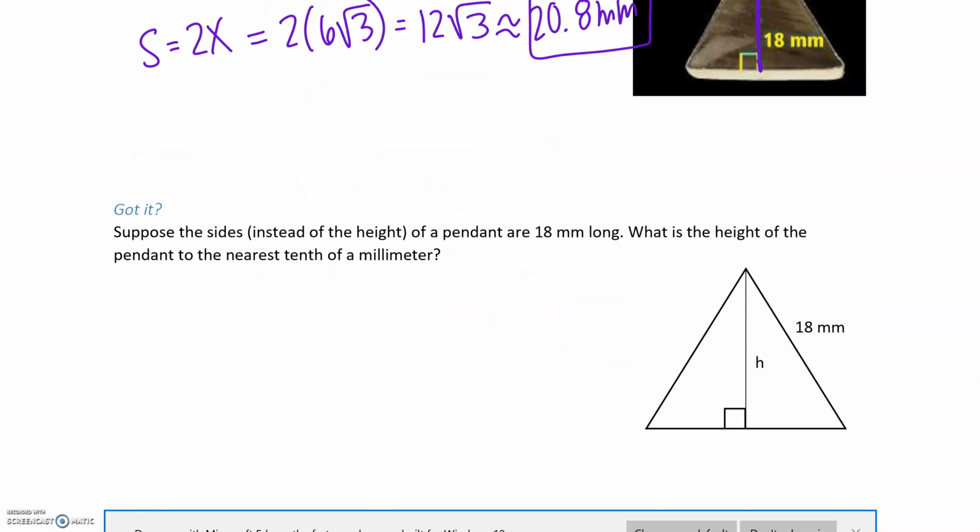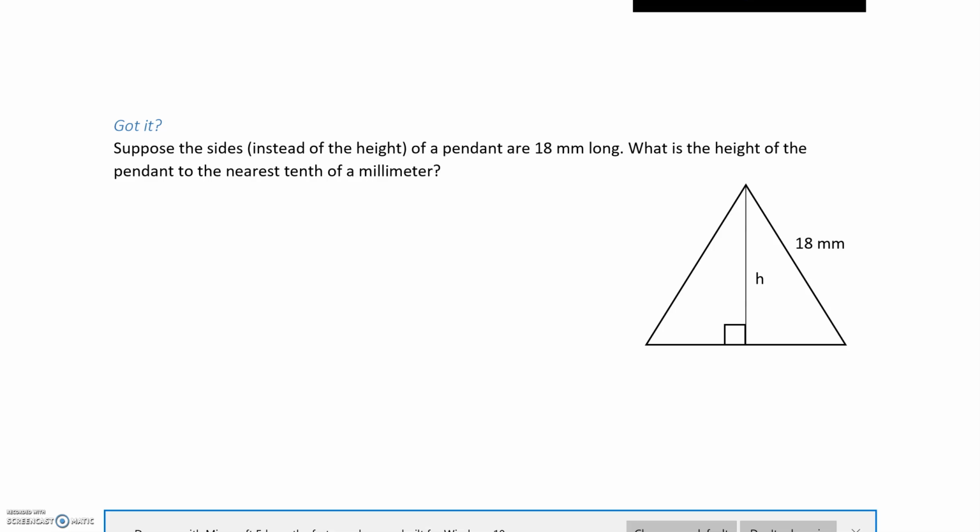And our last problem: if we have that 18 millimeters is on the outside, we want to know what our height is. So if this is 18, our 18 is going to equal that 2s. To find s, we're going to divide both sides by 2, which leaves us with s equals 9.